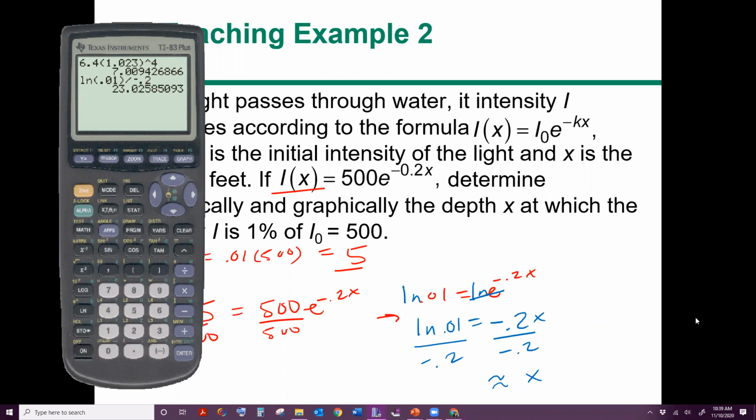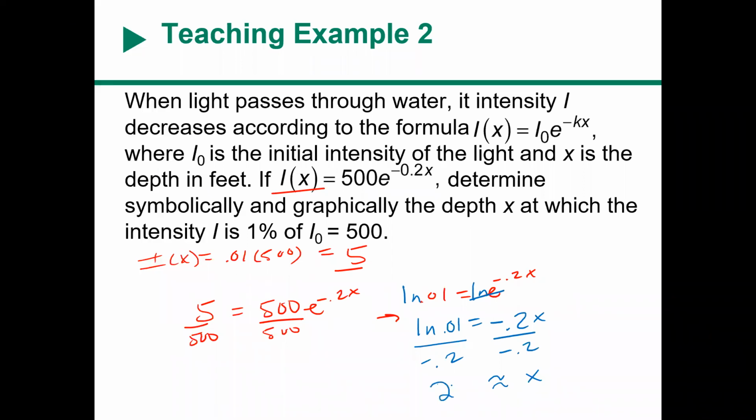And I get approximately 23.3. So 23.3 represents the depth, in feet. In order to be 1% of the initial intensity, I would have to be 23 feet deep into the water.